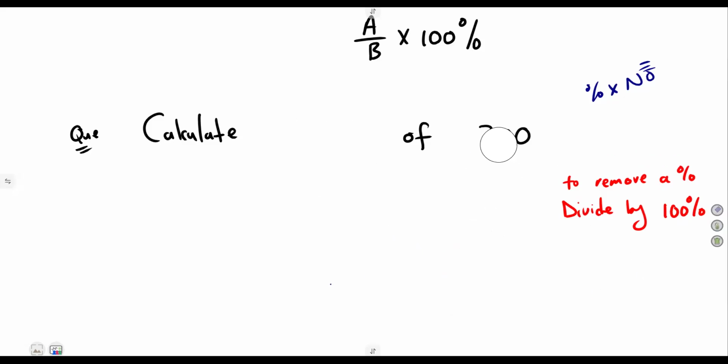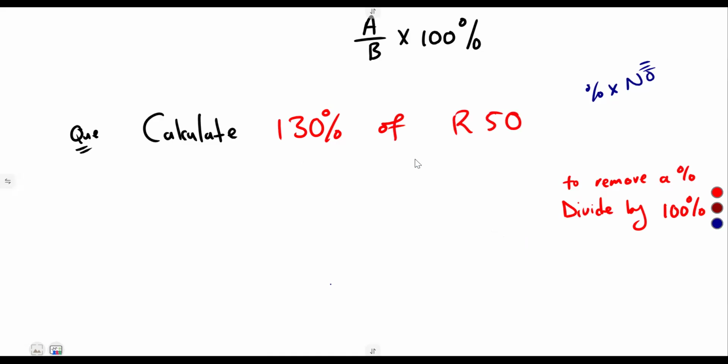For an example, calculate, let us say we are given 130% of 50 Rand. So still same concept. To answer this, 130% of what? 50. You multiply by the money that you're given. But how do I get rid of that percentage?